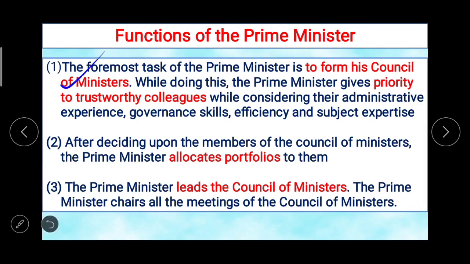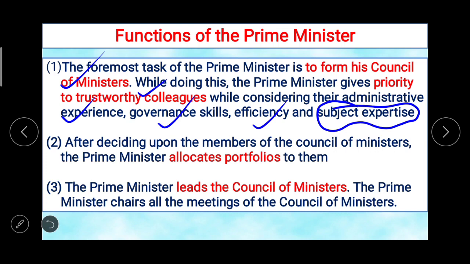The first thing, while doing this, the Prime Minister gives priority to trustworthy colleagues, and while considering their administrative experience, governance skills, efficiency and subject expertise. For example, if the minister is of agriculture, तो उनको उस फील्ड का पूरा नॉलेज होना चाहिए.